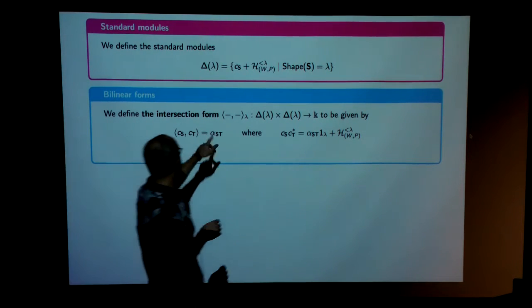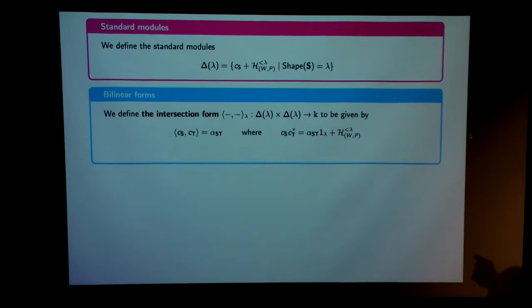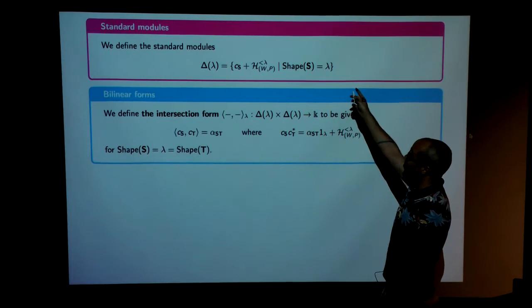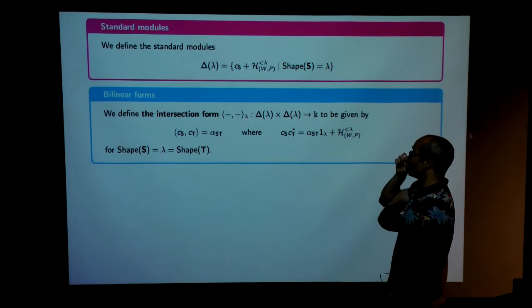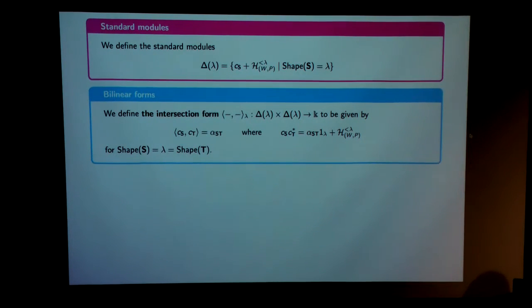These are going to be recorded as a Gram matrix for the bilinear form, and that's going to be really important. And because I'm only doing it within the Specht module itself, the cell module, they're going to have the same shape, these parts, S and T.